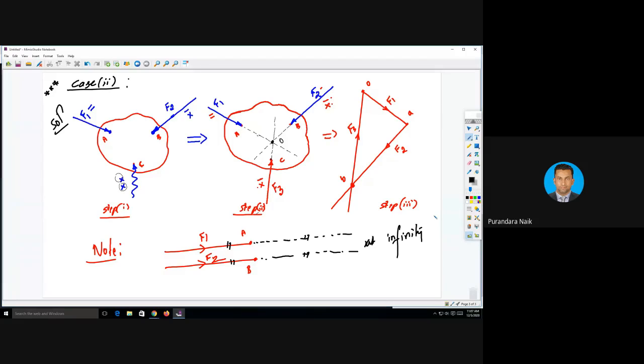If you have a third force, F3, it is also intersecting at infinity only if the body is in equilibrium. That is the meaning of that sentence. So no need to worry about that; we will discuss it while solving the problem.